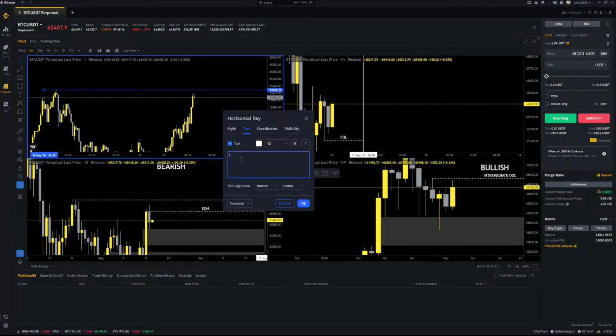I can call it a magnet. Oh, not a magnet actually. This is like a temporary draw on liquidity to frame our reversal.